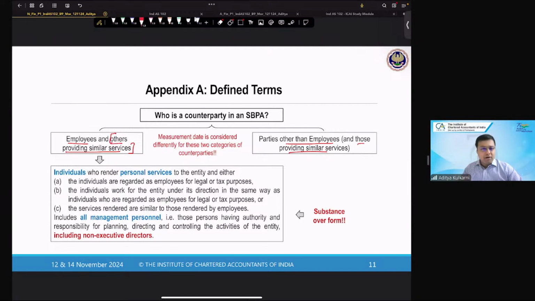Now, these employees are not strictly on my payroll, but they provide me the services in the form of an employee. So they are also covered under this. And you have parties other than employees. It could be your vendors, vendors of capital equipment, vendors of material. All of them will be covered here. Now, why do we have a different?